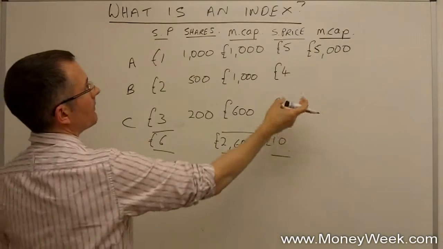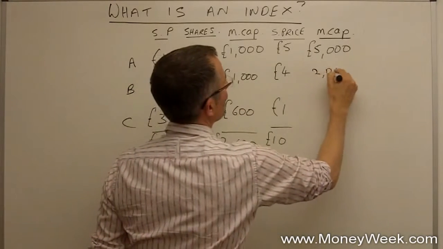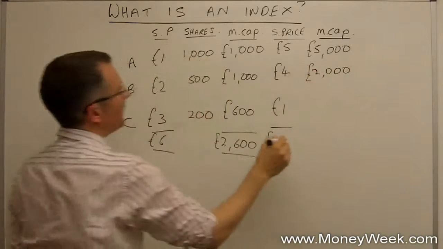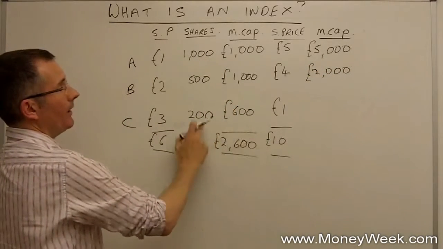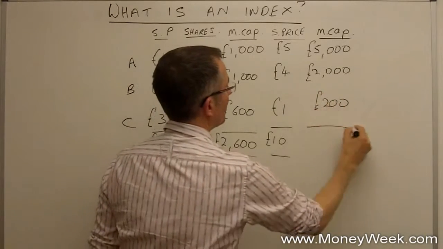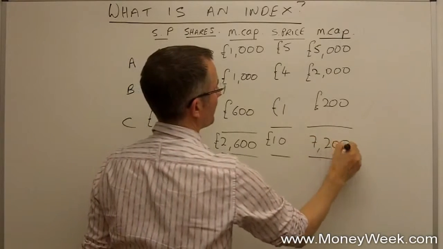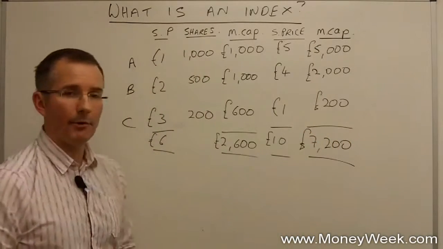New market capitalisation for company B, 4 times 500, so that's £2,000. And the new market capitalisation for company C is £200. Combine those, £7,200. Now, that's a lot of numbers, and what's the point?